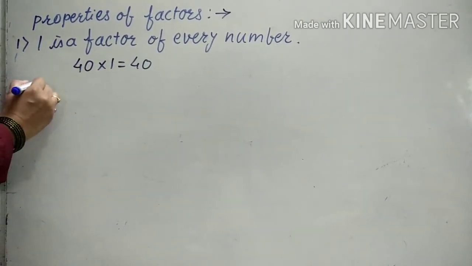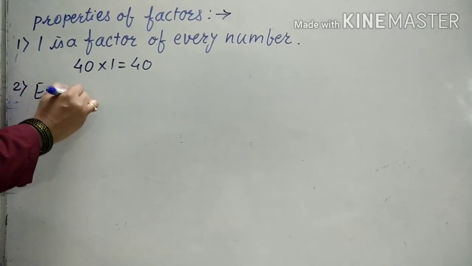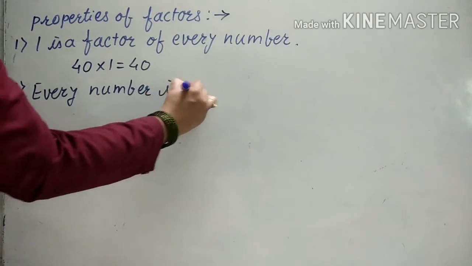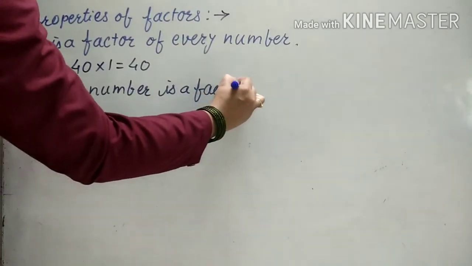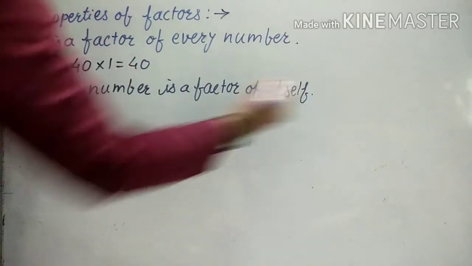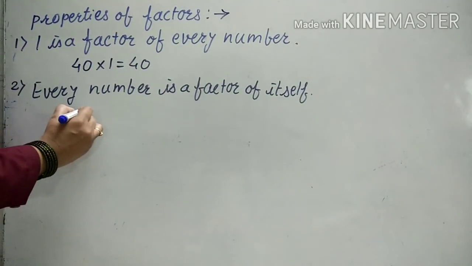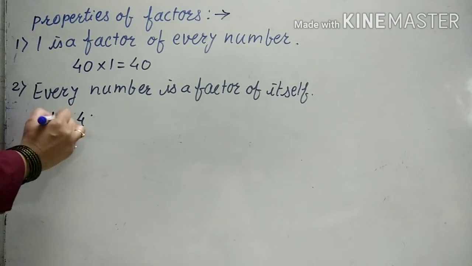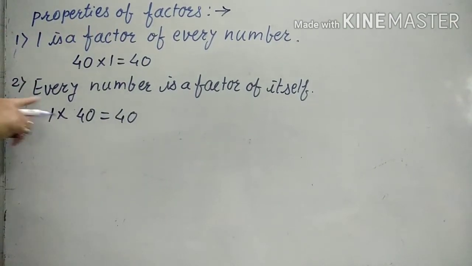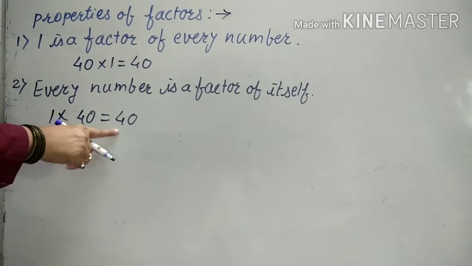Then second property is every number is a factor of itself. See here, same 40, 1 multiplied by 40 is also equal to 40. So every number is also a factor of itself.